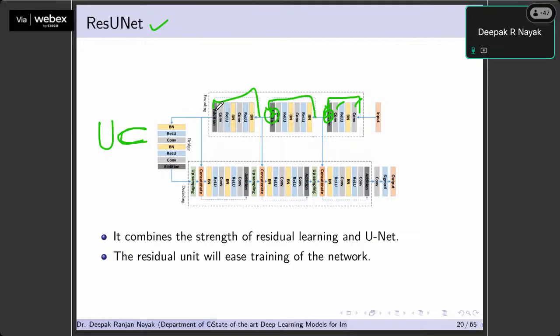That means they are trying to reuse the features obtained in the previous layers. At the same time, it tries to reduce the vanishing gradient problem. That is how people developed the residual unit architecture, by combining the strength of residual learning and the UNet architecture.